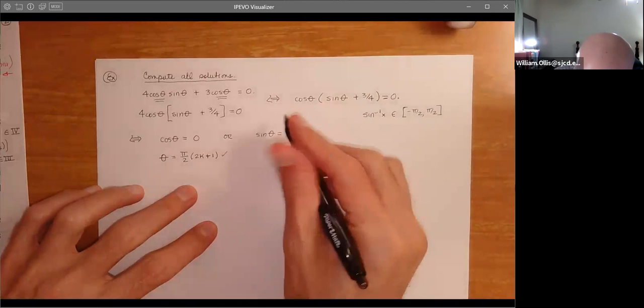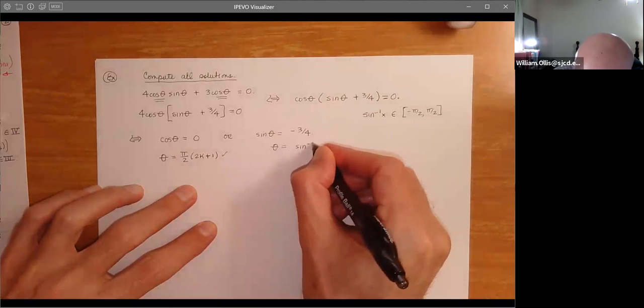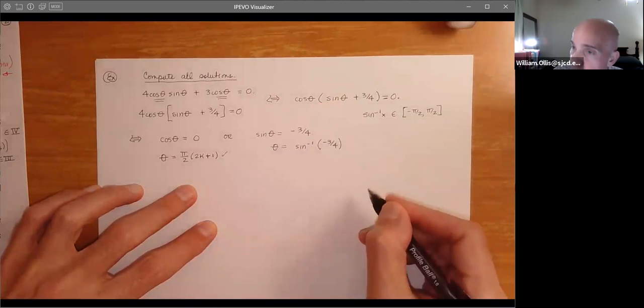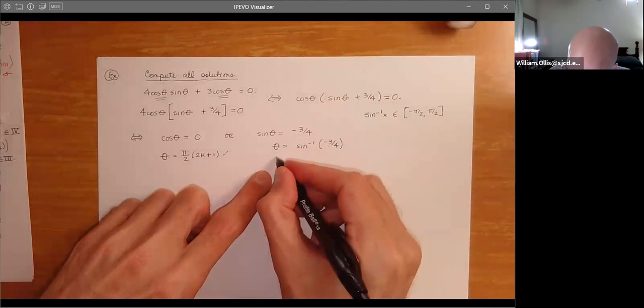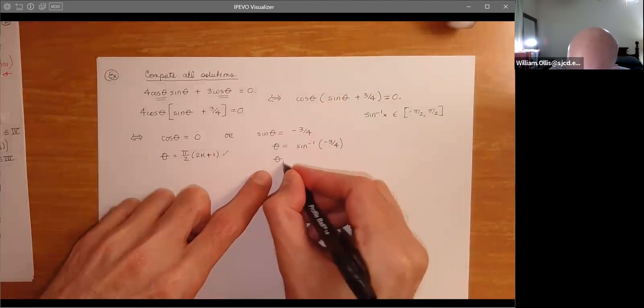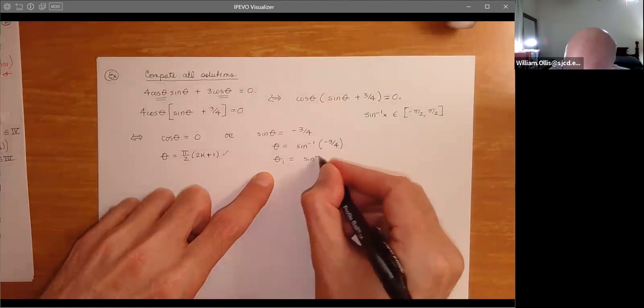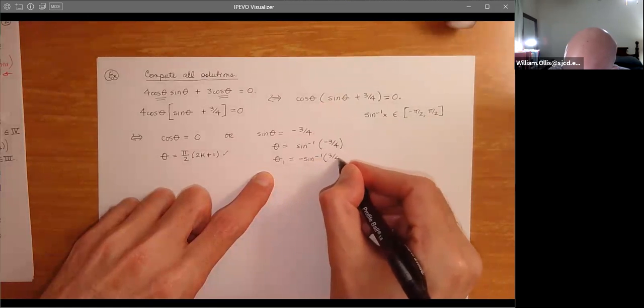Okay, so now we have theta will be the inverse sine of negative 3/4. Now again, this is odd, so we can factor. So we can just say theta 1 equals the inverse sine of negative 3/4.